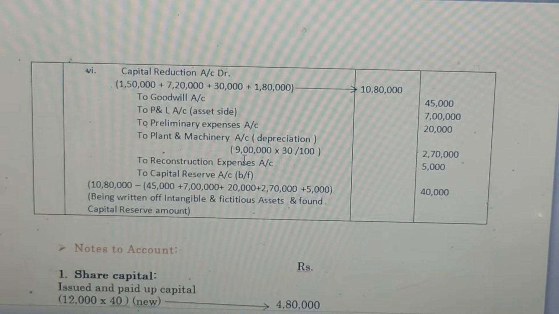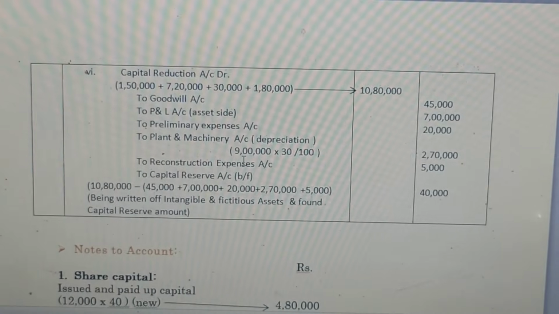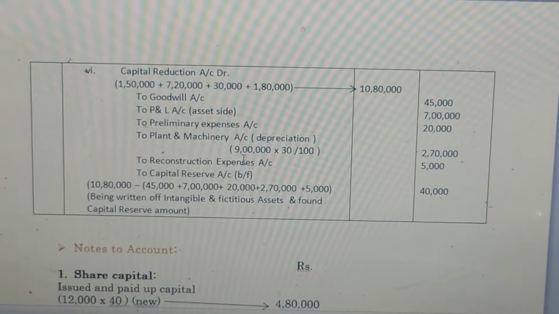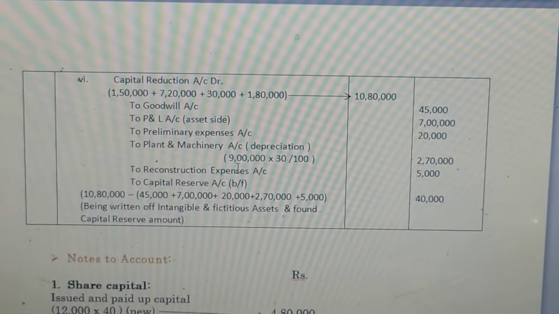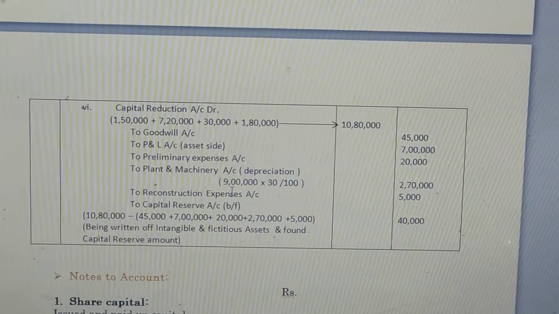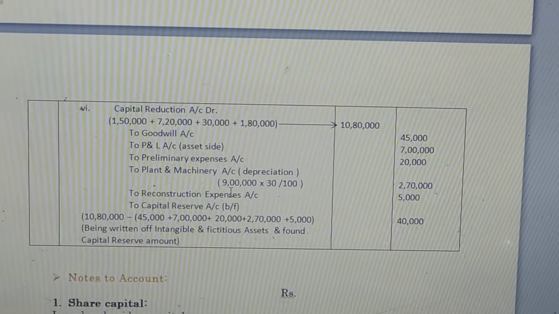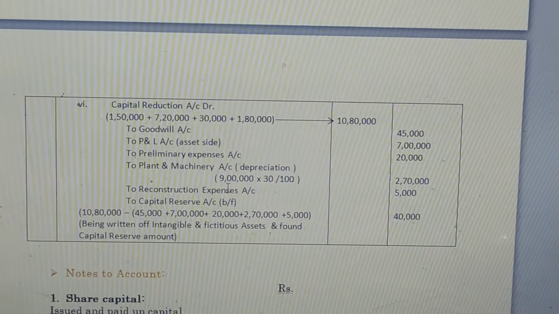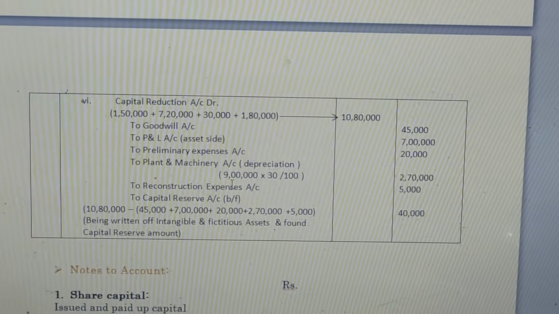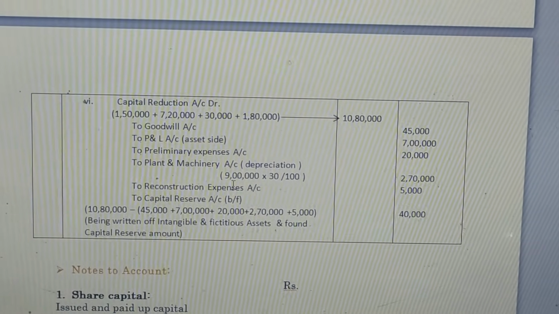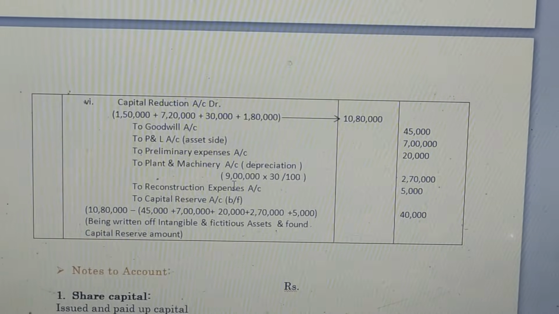After mentioning this information, we need to tally both sides. The difference value in the credit side is 40,000, that is called the capital reserve account. It means the balance value will be transferred to the capital reserve account after adjusting these things with the capital reduction value.